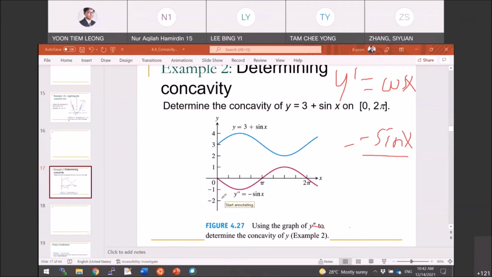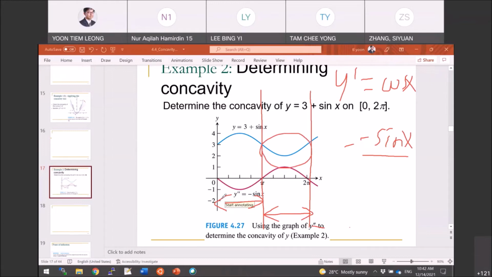So let me say it again in a more transparent manner. We divide this function into two separate regions. Within this region, the function 3 plus sine x has a negative concavity. And in the region here, the function has a positive concavity. So this is a function that has a positive concavity.